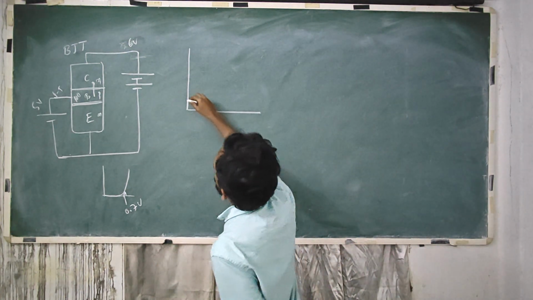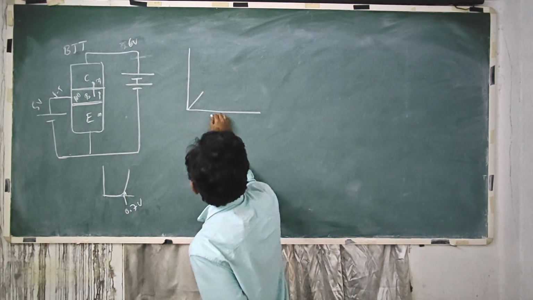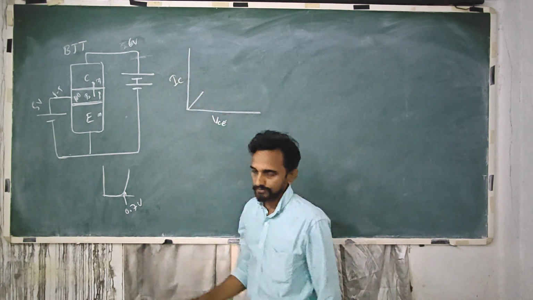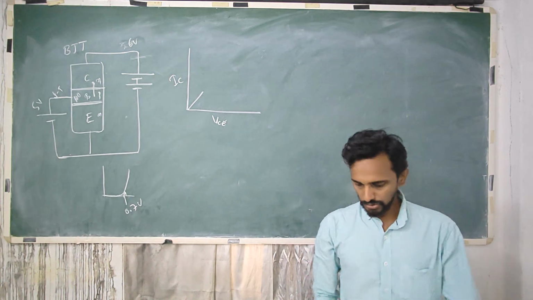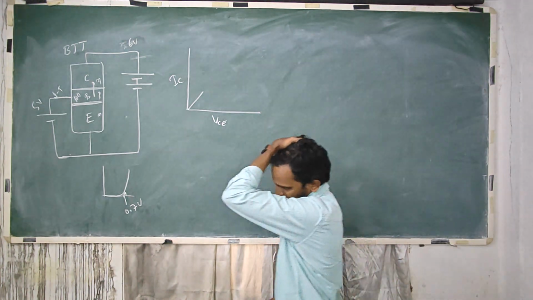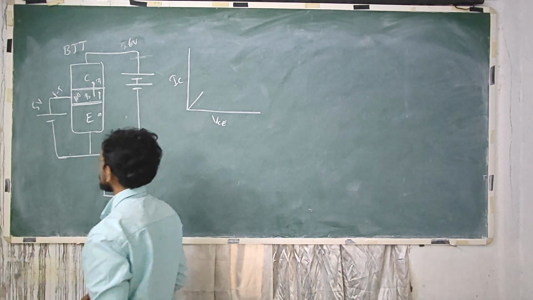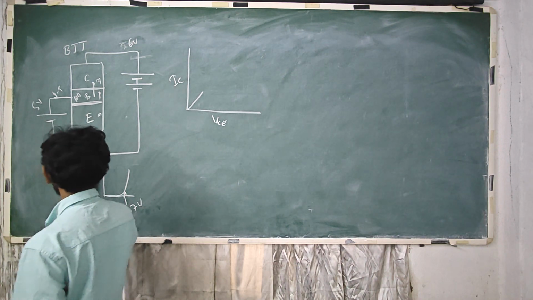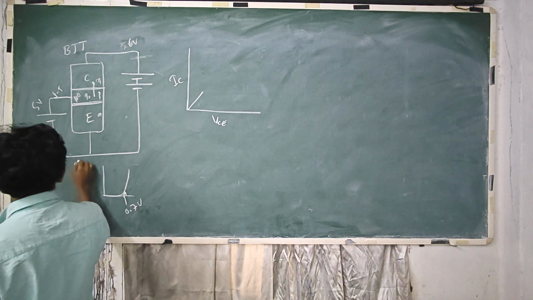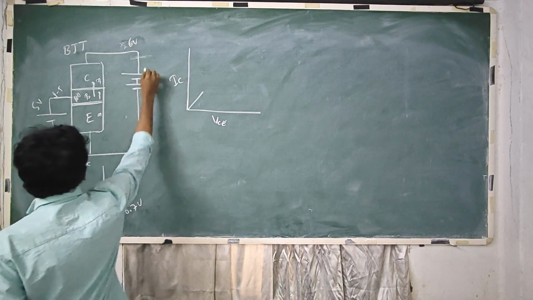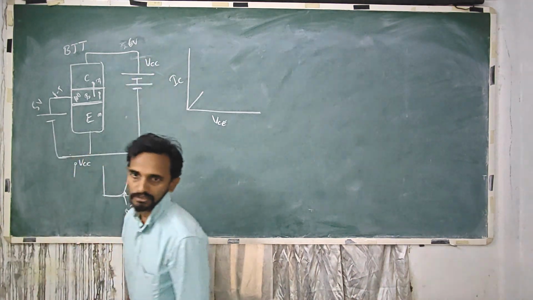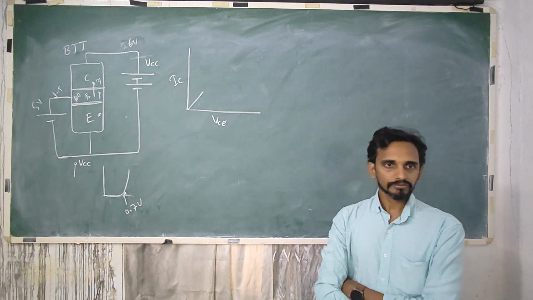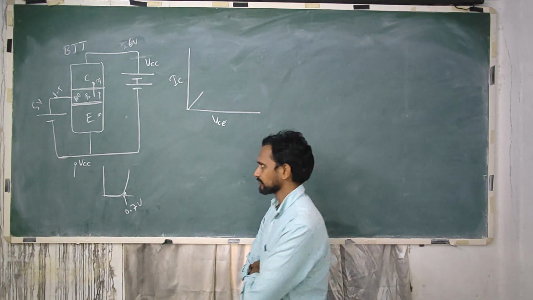So if I raise this potential, so I am taking VCE and output current. This circuit can be constructed more effectively, like I have to give a resistor also here. Let's say I am giving VCC potential here. I call this as VCC, voltage supplied to collector alone.